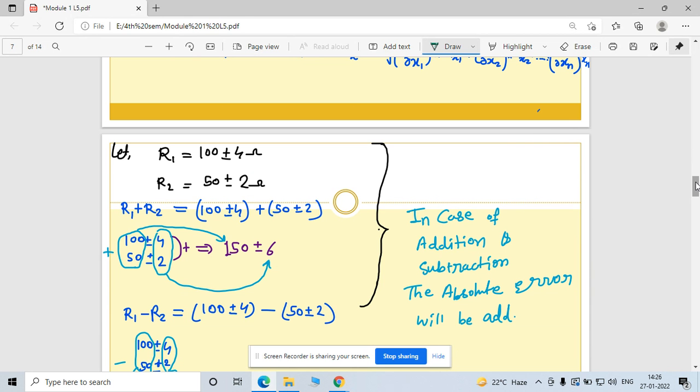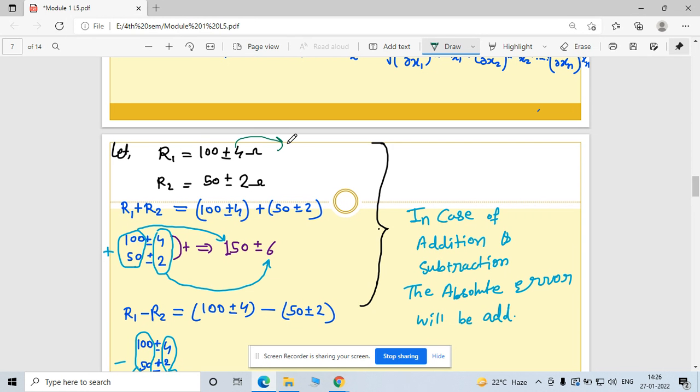Now one more thing. We already saw different types of error. Whenever we do calculations, there is a concept for how to solve them. See here, a resistance R1 is given as 100 plus or minus 4 ohm. This is defined as your deviation, or you can say tolerance.